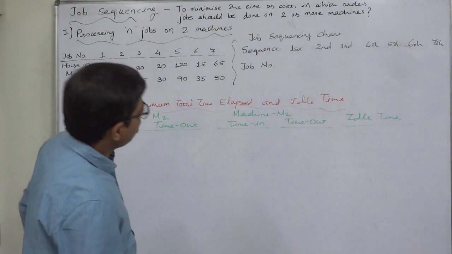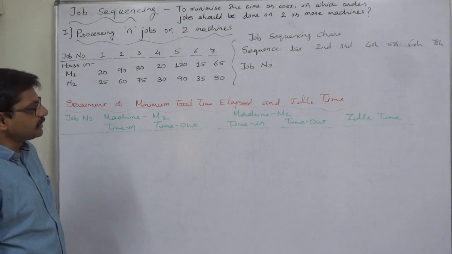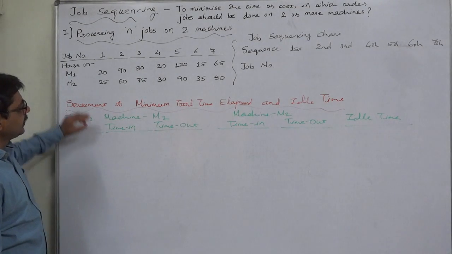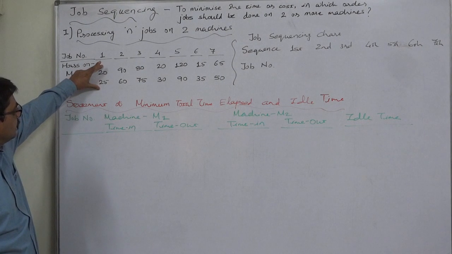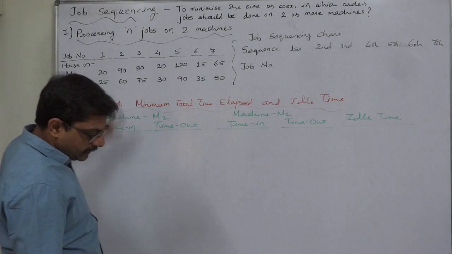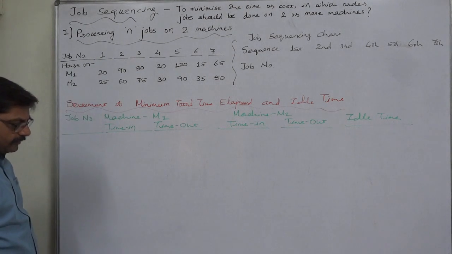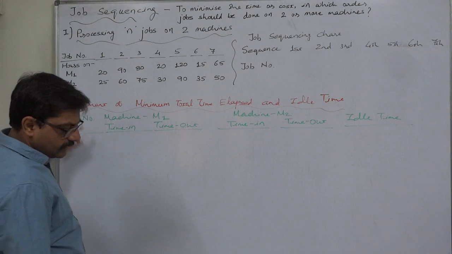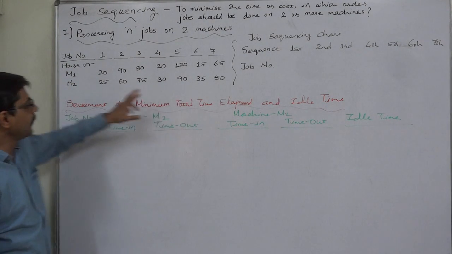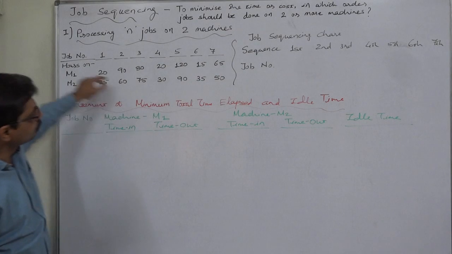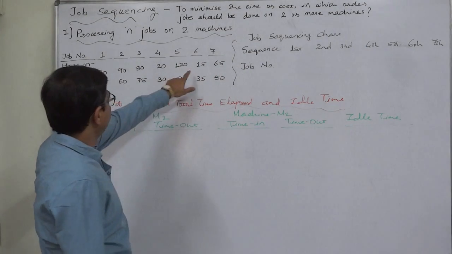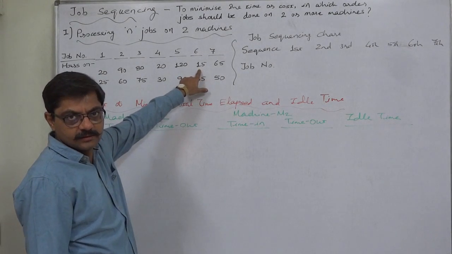The simple steps to be followed: first of all, we have to find out the job with the minimum time required. Which one is the job with minimum time required? Out of all 7 into 2, 14 different time slots have been given. This 15 is the lowest.